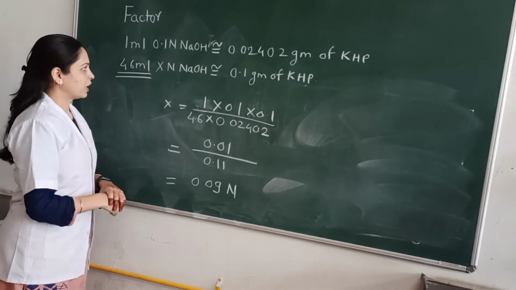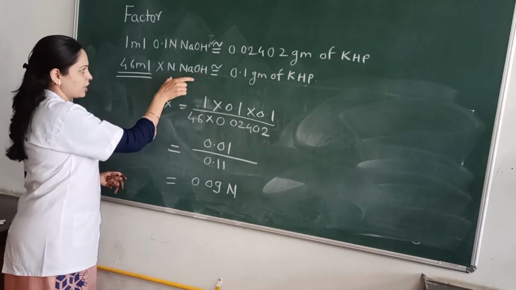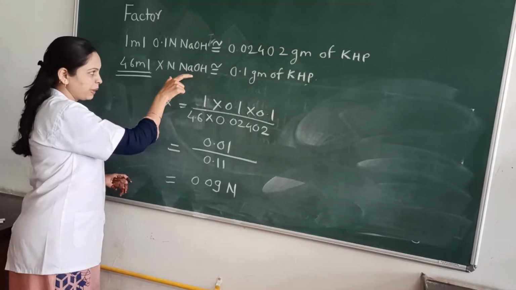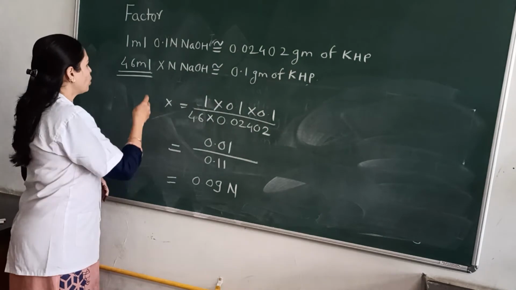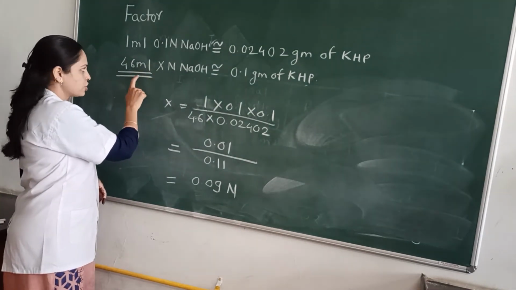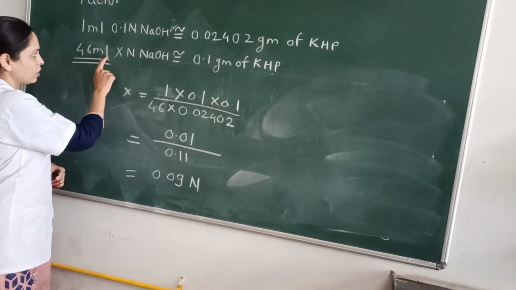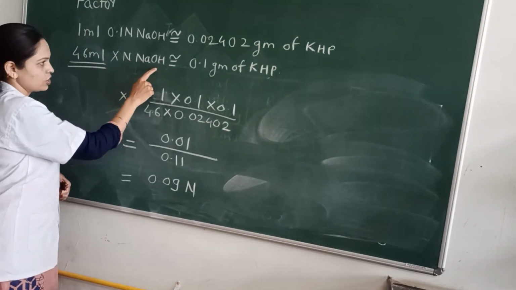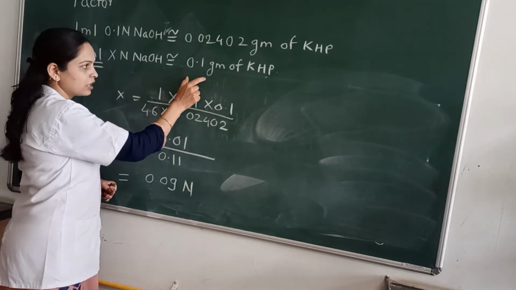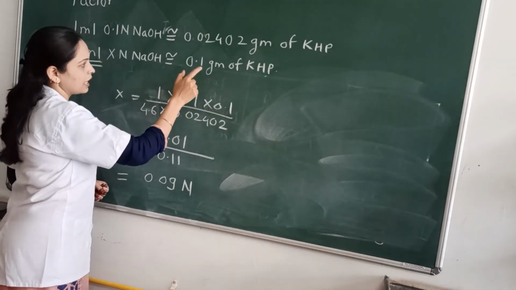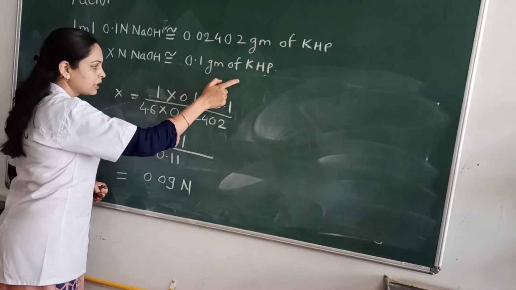Now we have to calculate the normality of NaOH, whatever we have prepared for the practical. The amount of NaOH required is 4.6 ml. So 4.6 ml of X normal NaOH is equivalent to the quantity of potassium hydrogen phthalate taken, which is 0.1 gram.